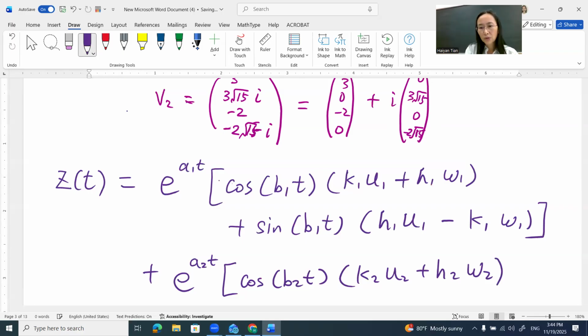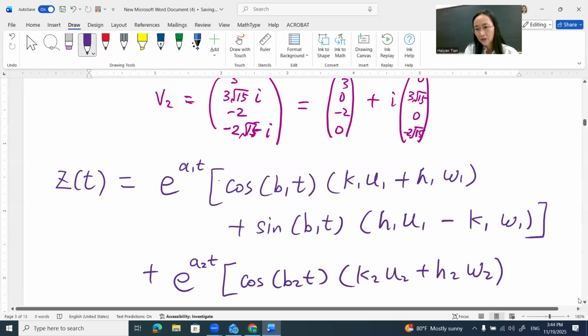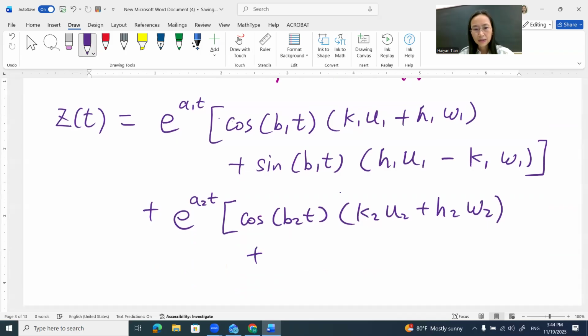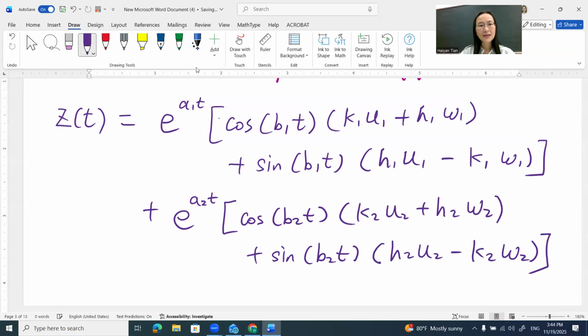Remember, U2 and W2 are vectors. And then for this bracket, sine b2 t times h2 u2 minus k2 w2. So the structure is exactly the same.